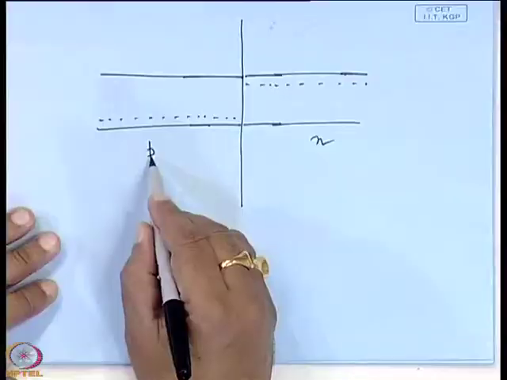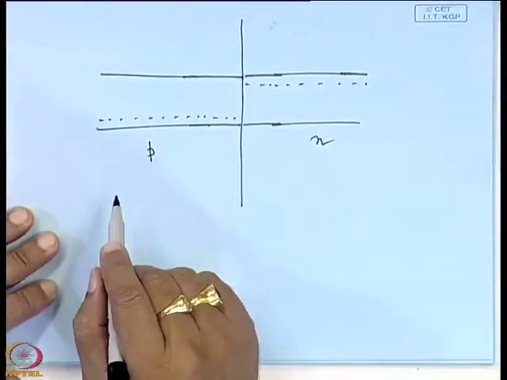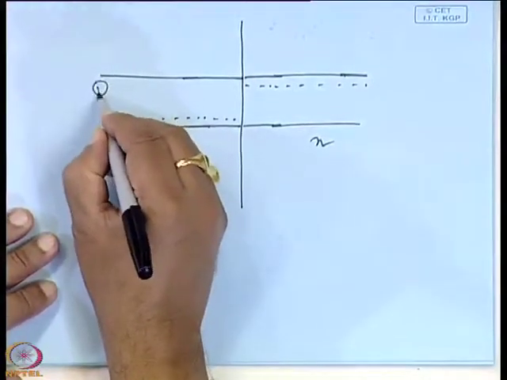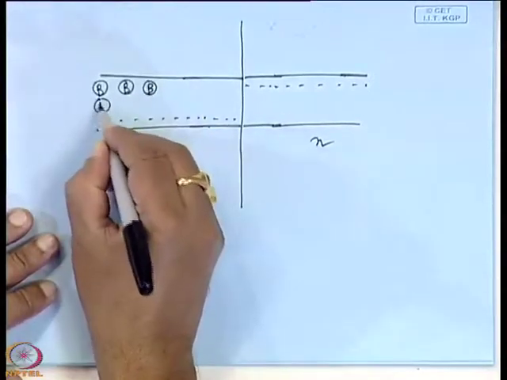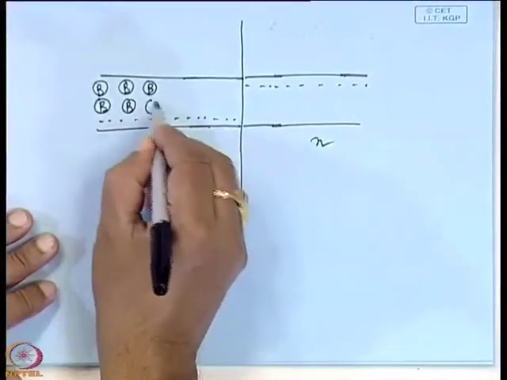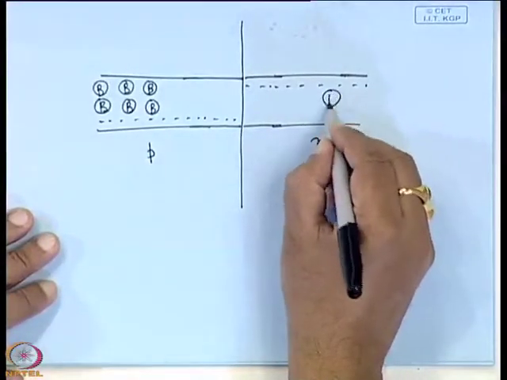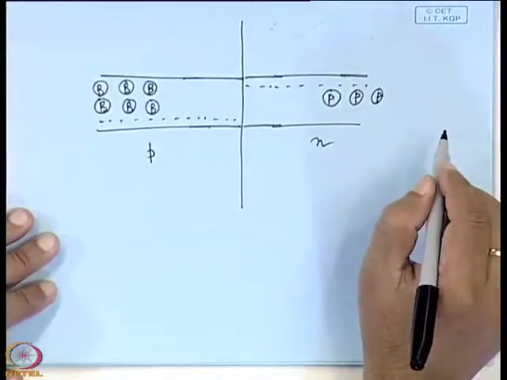Here on the P side, say boron atoms are there, you have doped the P side with boron atoms. So, there will be many boron atoms. And on the N side, say it is phosphorus atoms.